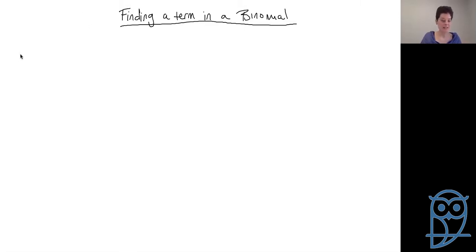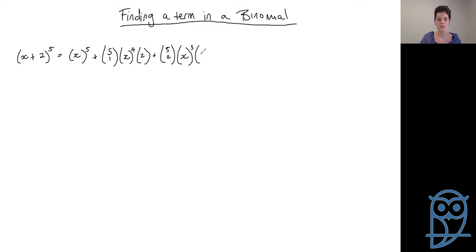Okay, so if we want to expand something in full, (x + 2)^5, for example, the full expansion of this would be: take our a position to the n, plus, then we start with our combinations. So first one, 5C1, a position to the difference, b position to the r, plus 5C2, x cubed, 2 squared, plus 5C3, x squared, 2 cubed.